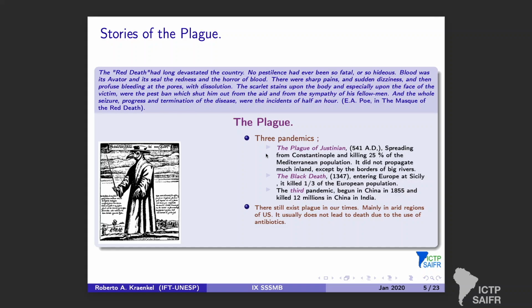There was the one called the plague of Justinian, during the reign of Justinian, which started in Constantinople and killed 25% of the Mediterranean population. It's an estimate, obviously. There are no records.